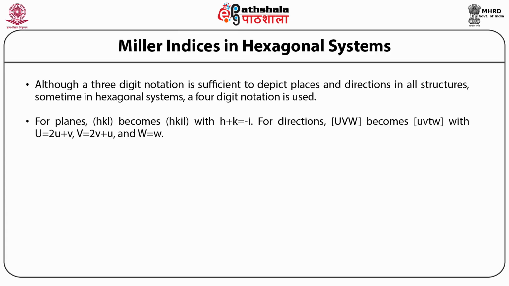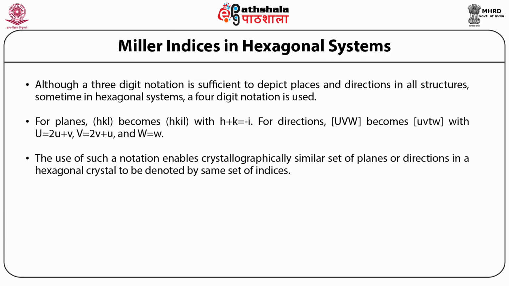For directions [uvw], it becomes [UVTW] with capital U equal to 2u plus v, capital V equal to 2v plus u, and capital W equal to small w. The use of such a notation enables crystallographically similar sets of planes or directions in a hexagonal crystal to be denoted by the same set of indices.